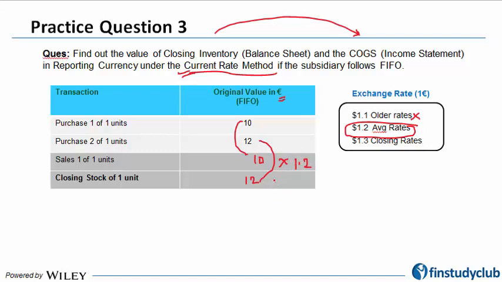And the closing stock, whether the subsidiary followed FIFO or LIFO, will affect this 12. But my conversions will not be affected by the method being followed, because under the current rate method we just have to follow the closing rate. That's it. 12 and 15.6.